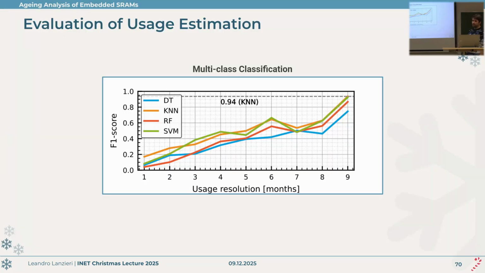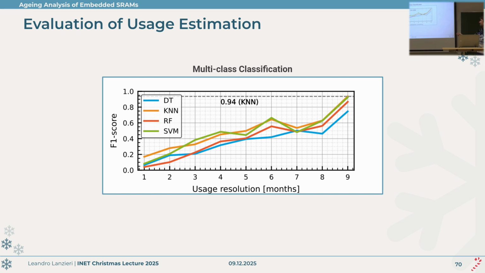So with all this, we went and did some machine learning model training, and we tried to classify the usage of the devices with different models using all these features and others that we included. In the first classification, we changed how big the boxes of the classification are, from 1 month resolution to 9 months.